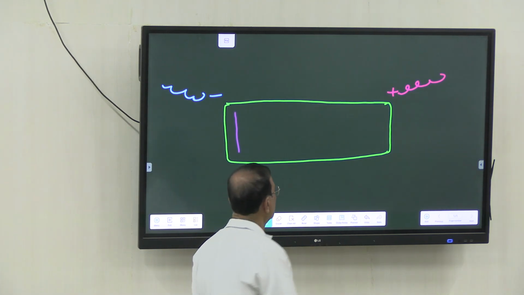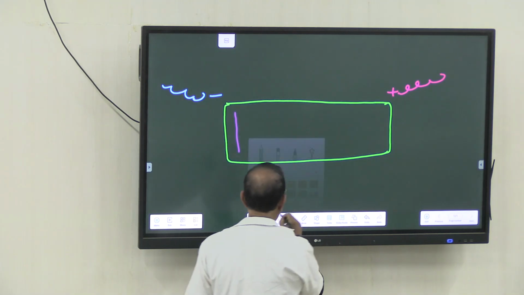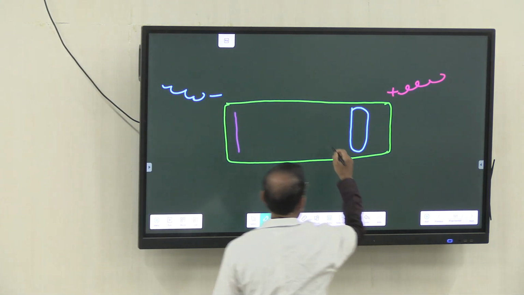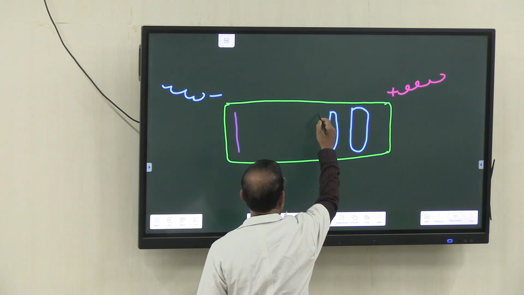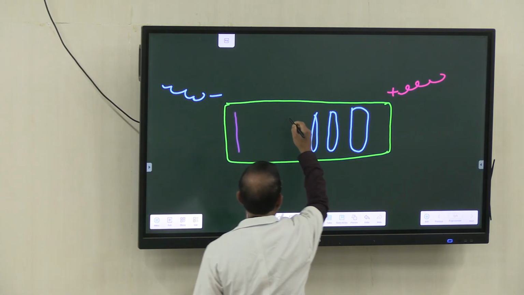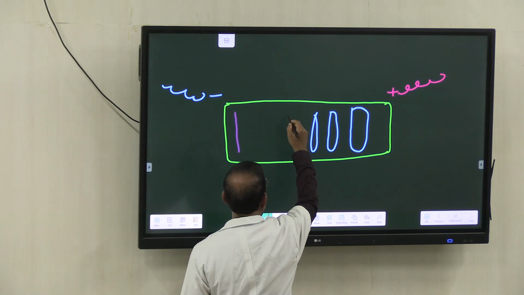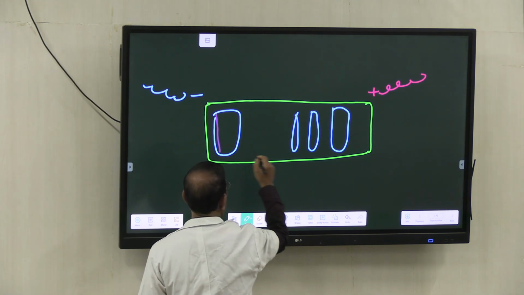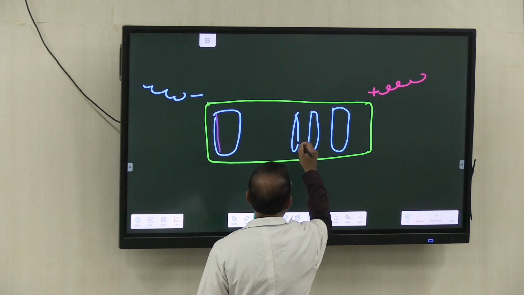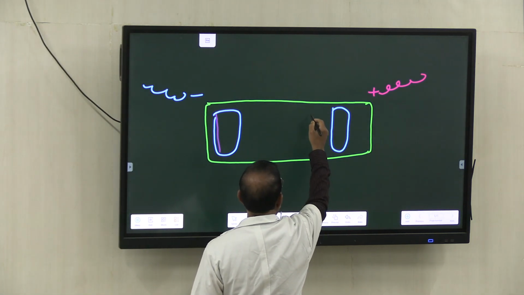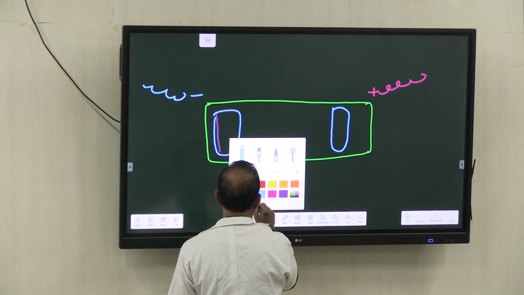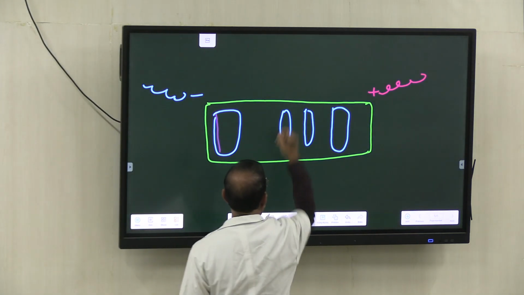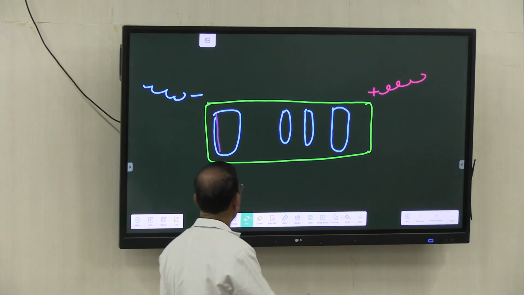And after that, we see that some portions of protein have separated out. Like that, it gets separated.